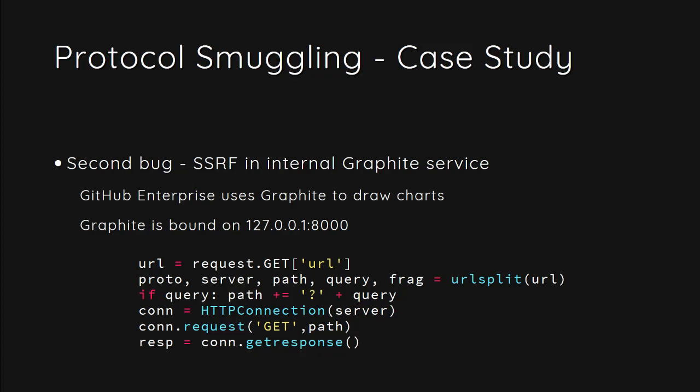With a couple of days digging, I found there is a service called Graphite on port 8000. Graphite is a highly scalable and real-time graphing system. Of course, we found another SSRF here. The second SSRF is simple. Graphite just fetches the URL from the GET parameter.